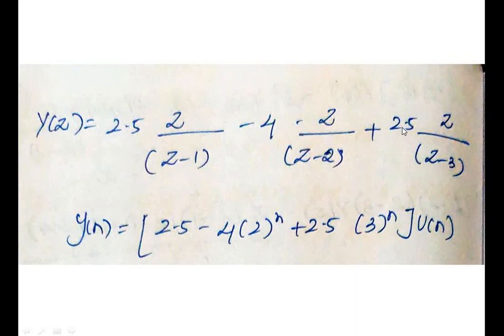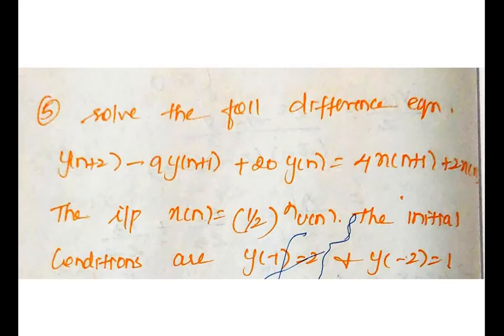Then what is the third term? 2.5 z by z minus 3. So what is this? z by z minus a, a power n u of n. So 3 power n u of n. We have taken u of n as common from the entire term. So this is how you will have to calculate output response for a given system with initial conditions applied.